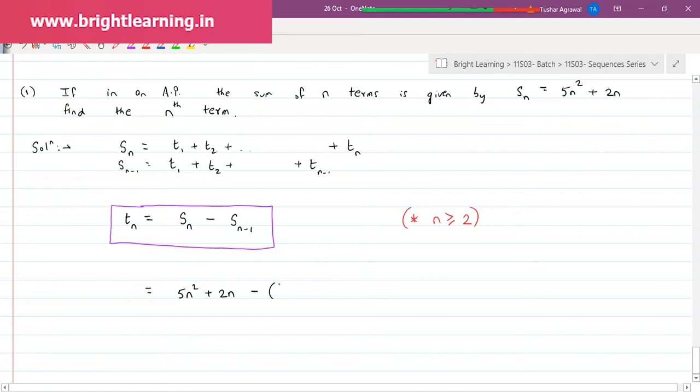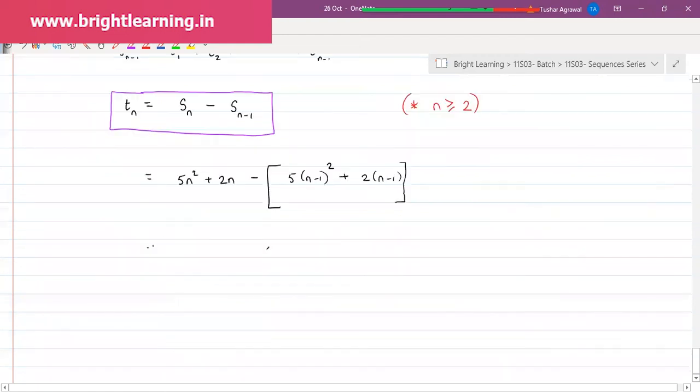So 5n square plus 2n, subtraction Sn minus 1. Sn minus 1 will be what? 5 times n minus 1 square plus 2 times n minus 1. So it will be equal to 5 times n square minus n minus 1 square plus 2 times n minus n minus 1.